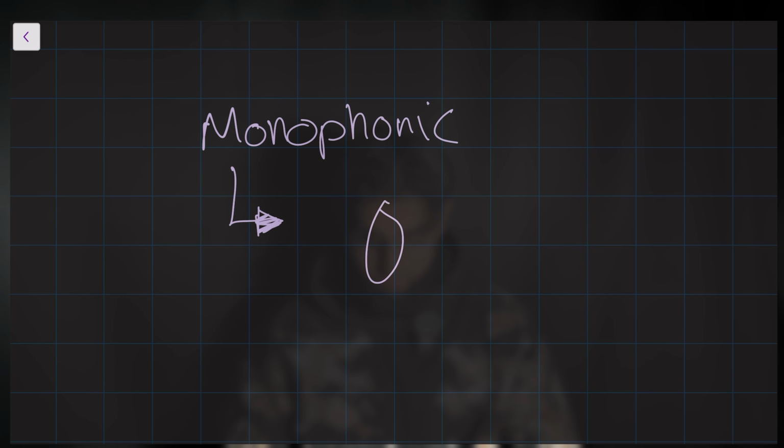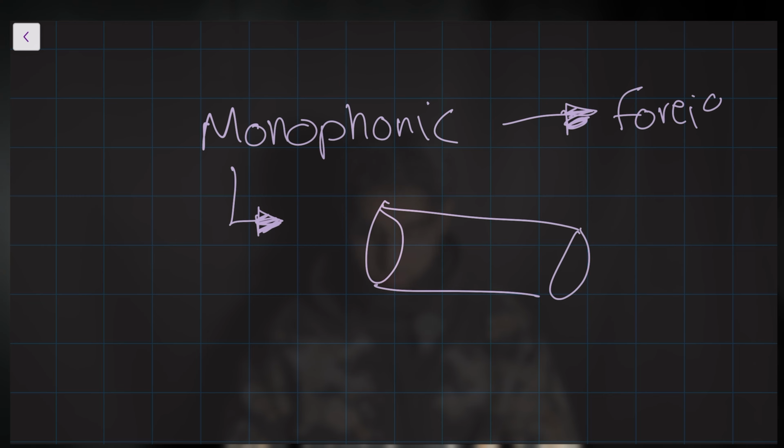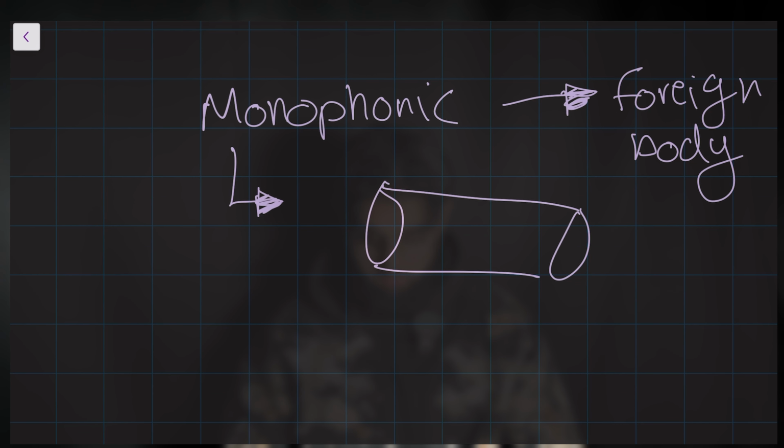Now, compare that to a monophonic wheeze, right? A monophonic wheeze is not characteristic of asthma. So if we have a look at the airway again, this monophonic wheeze usually means there's a foreign body within the airway, so it could be a child who may have swallowed a bit of Lego.